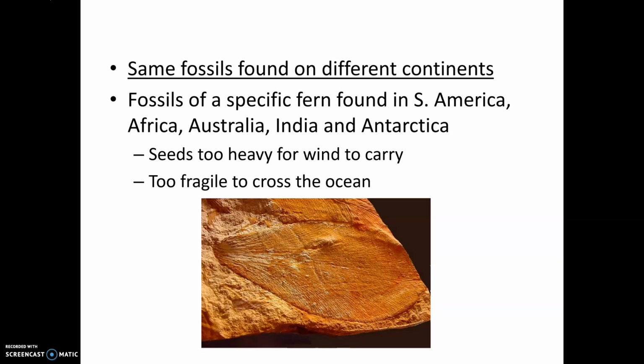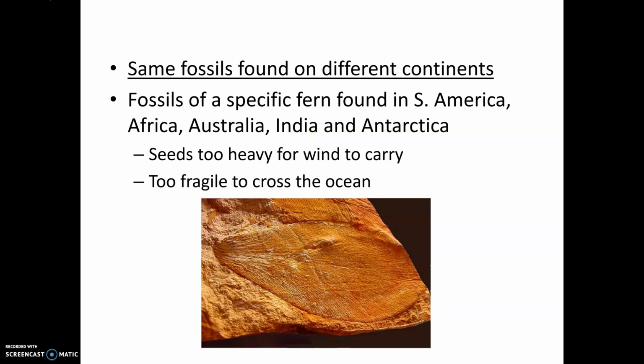And the reason that we know that these things happened was because of our fossil records. We have found the same fossils from the same animals on different continents. And the only good explanation for that is that all of those continents were connected at some point. So a specific fern was found in South America, Africa, Australia, India, and Antarctica.